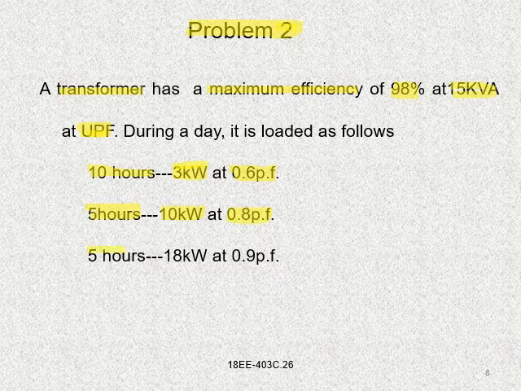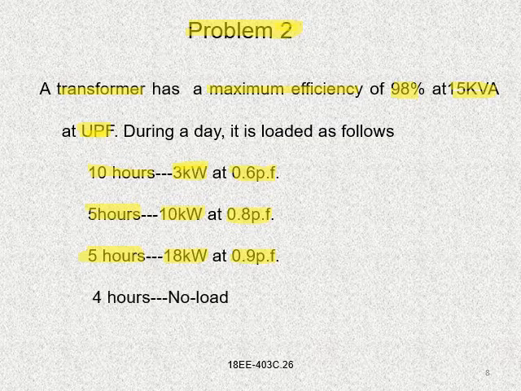And for the next 5 hours of duration, the load is of 18 kilowatts at 0.9 power factor. And for the next 4 hours of duration, there is no load.